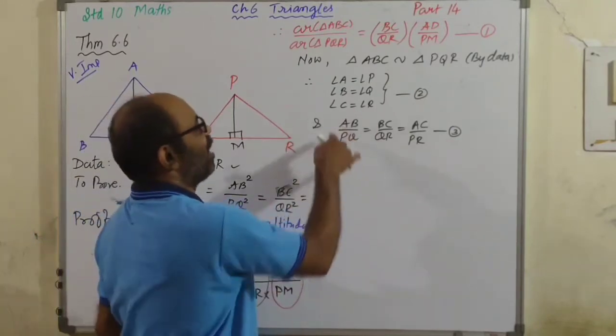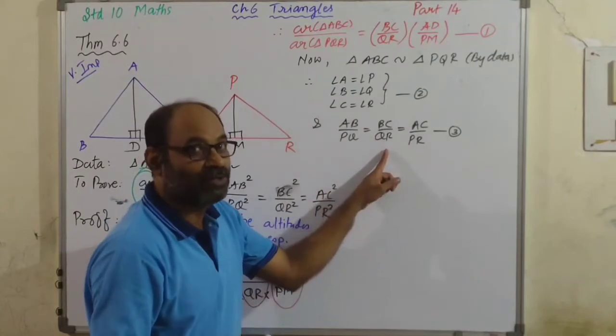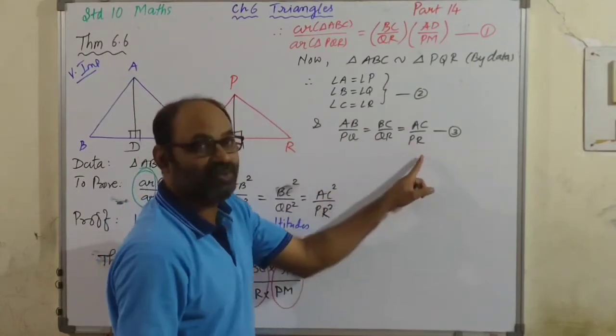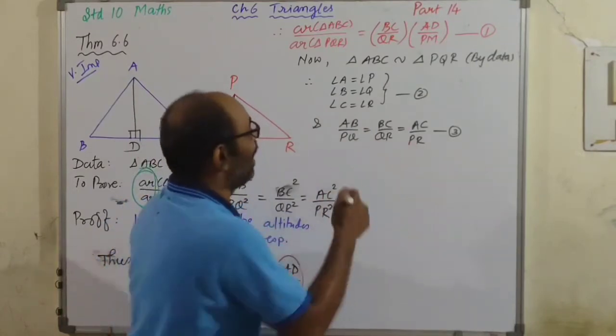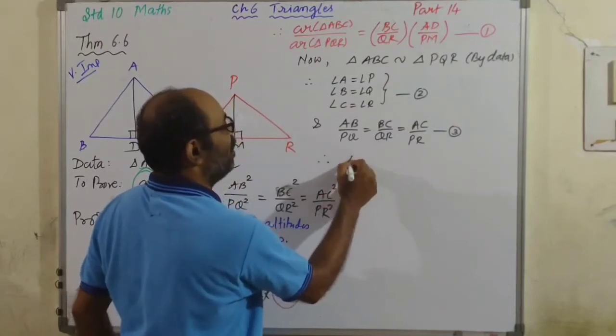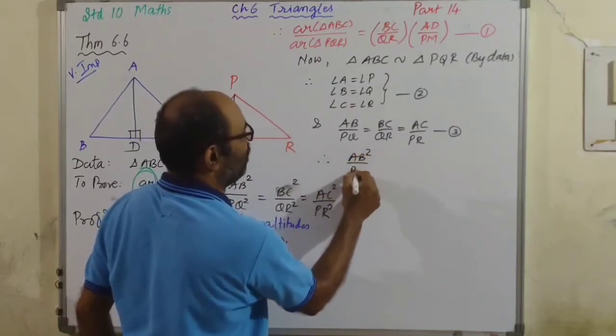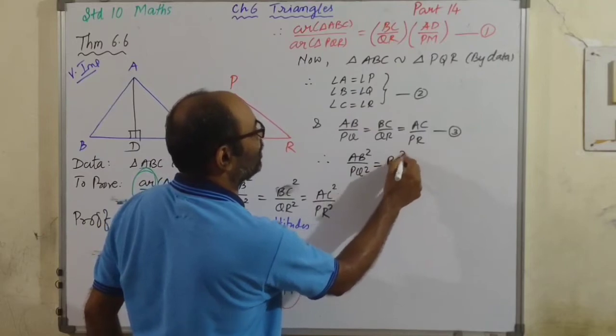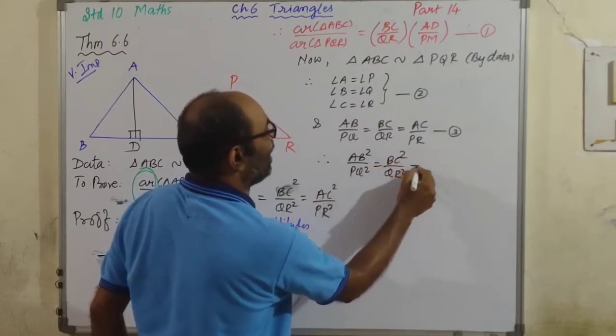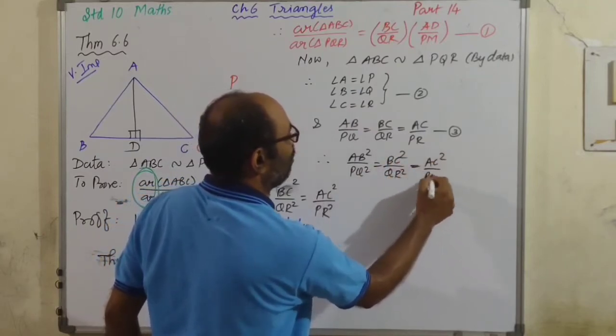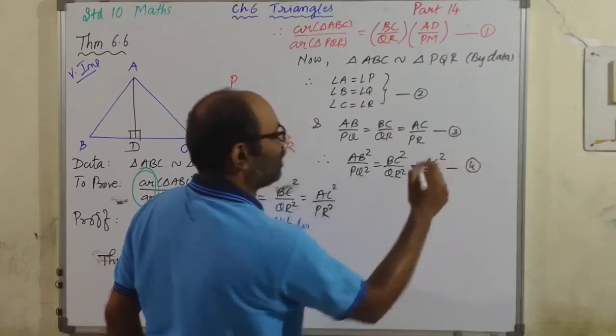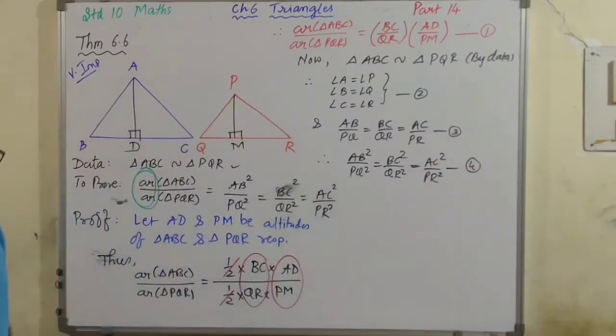But if I take square of the first ratio, then I have to square the second ratio also and square the third ratio also. So I will continue. Therefore, AB square upon PQ square is equal to BC square upon QR square is equal to AC square upon PR square, and call it result number 4.